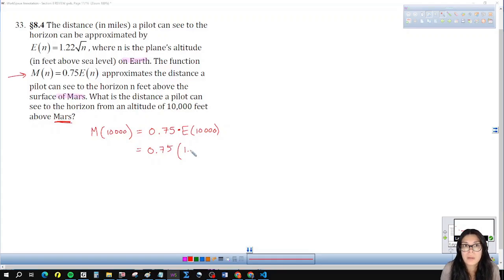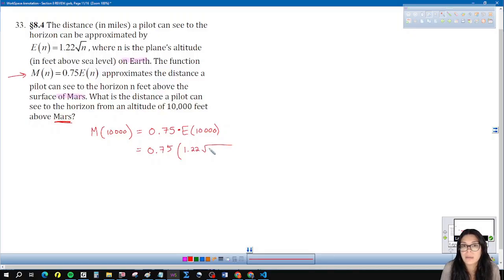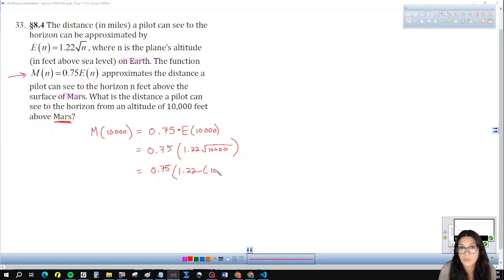So E of n is 1.22 times the square root of n. And so m of n will be 0.75 times 1.22 times the square root of 10,000. Now the square root of 10,000 is 100, since 100 times 100 is 10,000. So this will be 0.75 times the 1.22 times 100.